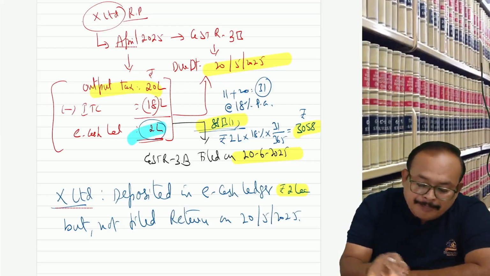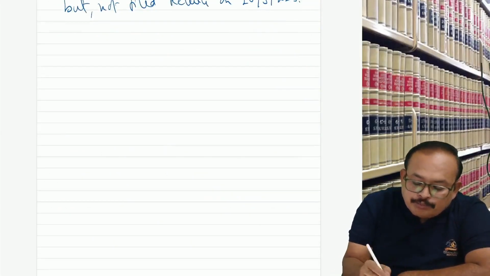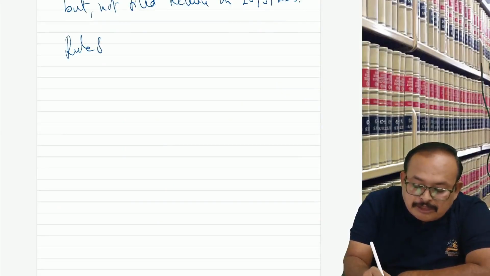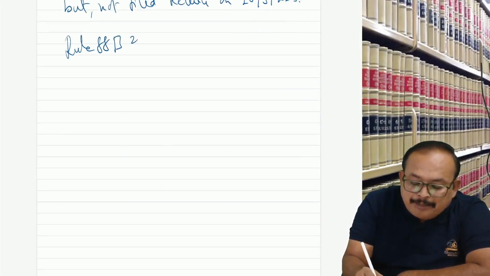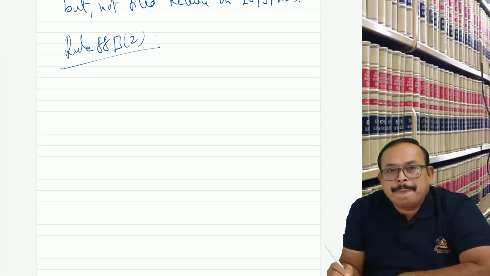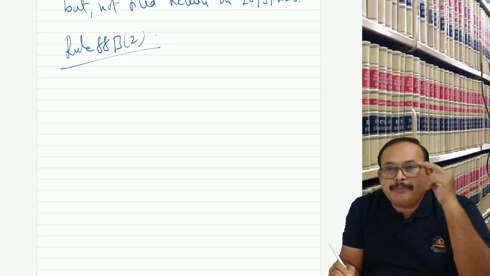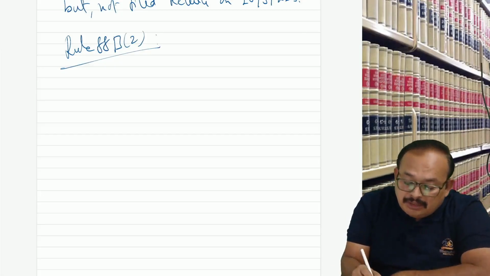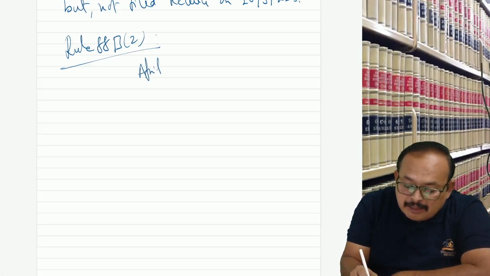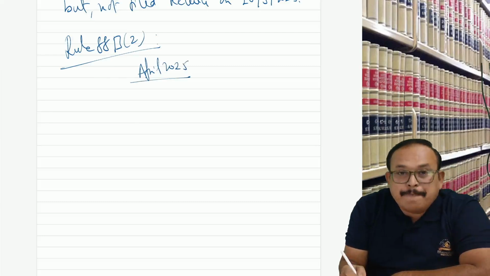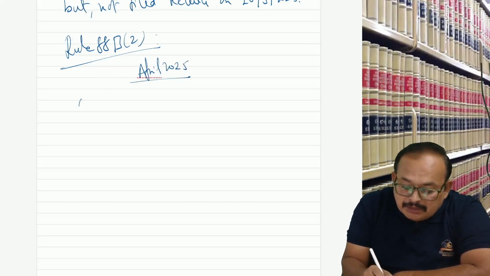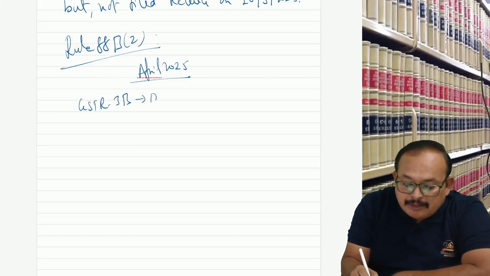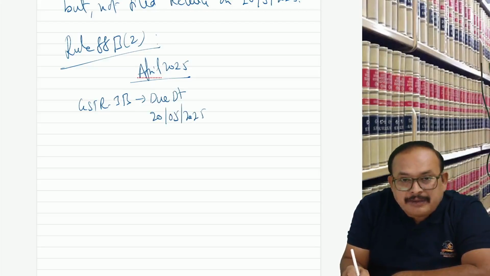Come back. Before entering into rule number 88 capital B sub number 1, I want to know from my friends: April month 2025, GSTR 3B due date, tell me. 20th May 2025, is it clear?